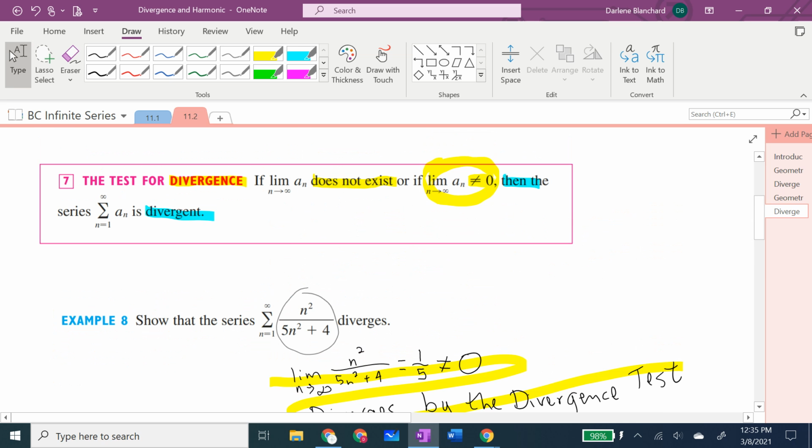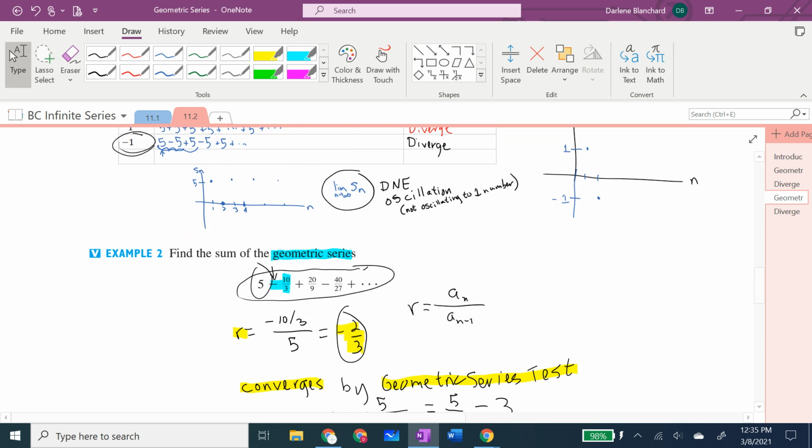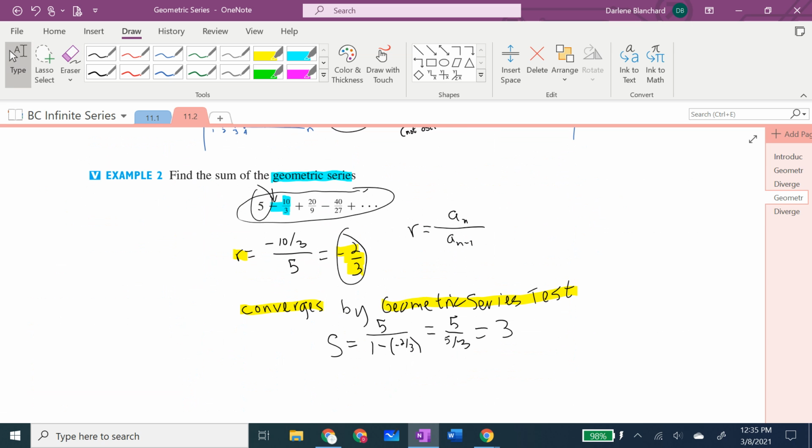With the geometric series, you don't have to tell me how you got R. Just tell me what R is, and then converge or diverge by the geometric series test. And if it's a converging geometric series, you're asked to find its sum. That's it. You don't need to show any more work than that. So you're going to love it. It's not going to take you too long.